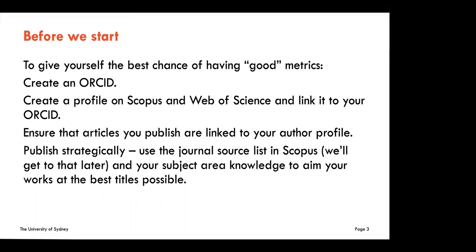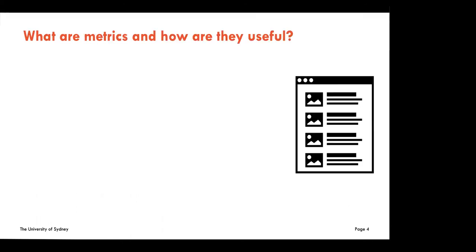So the advice we would give you is to use the journal list from Scopus, use your subject area expertise, and then choose the titles that meet all the criteria that you're after. Okay, so that's that. I'll make this PowerPoint available along with the recording of this session after this is all done.